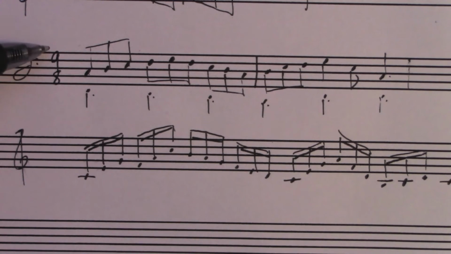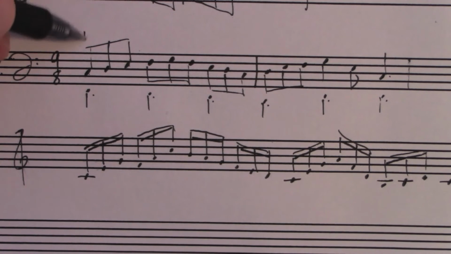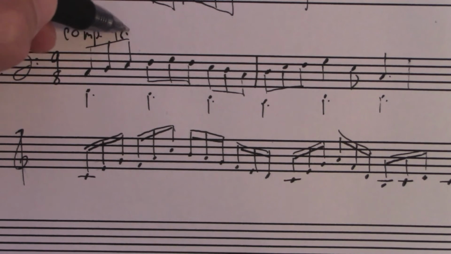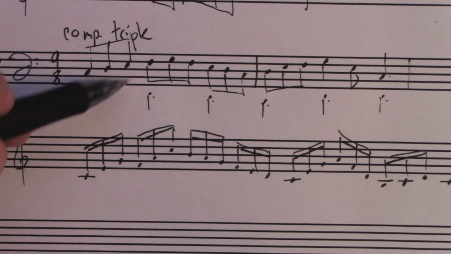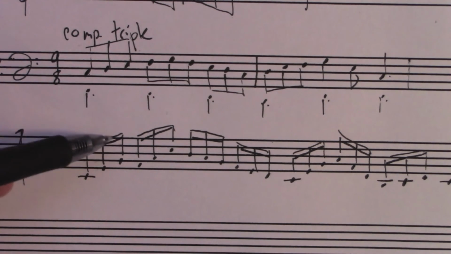However, we just need to know that 9 is not the number of beats. How many beats? Divide that by 3. Triple. And it is compound, so it is compound triple meter.